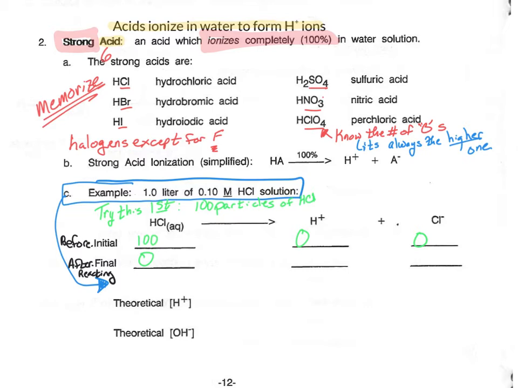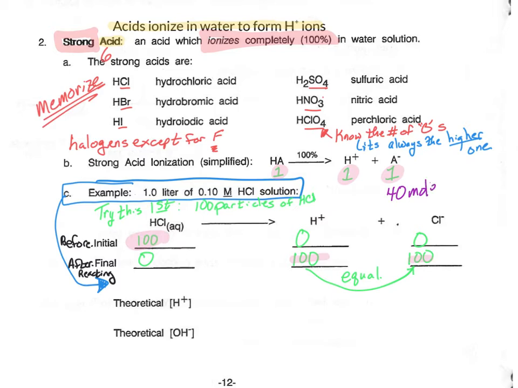Afterwards, you have no HCl left because 100 reacted, and all of it turned into H+ and Cl-. Notice that these two are the same number, and they are the same number as what we originally started with. We know this because we get one hydrogen ion for every one anion, and that all came from one acid molecule.